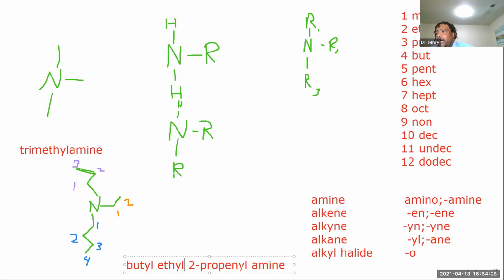And you'll notice that I put the ENYL to let me know that there was a double bond on that branch. It's not ane because amine has to take that last spot, so it's en. Amine has priority over the alkene. Amines are more important.